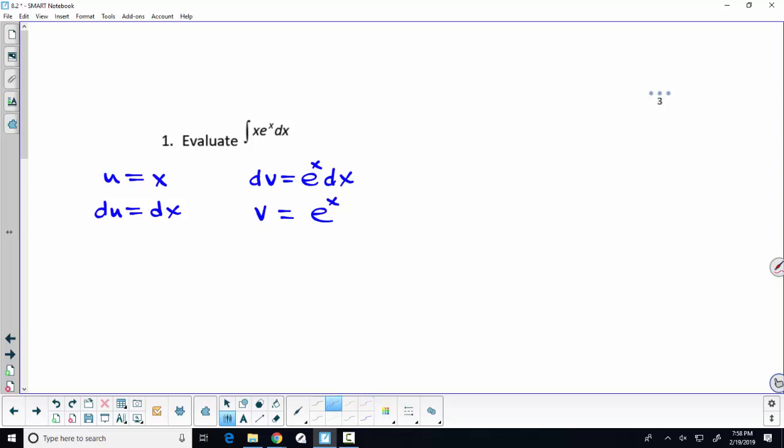So for our integration by parts, we take u times v, so x e to the x, minus the integral of v du. The second integral we end up with, we said, should be easier or equivalent to the original.